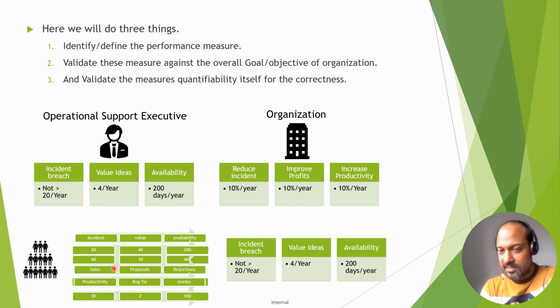Suppose they have 1,000 employees working as operational support executives, and the average incident breach per year is around 18, 10, 11, 12, and the average comes out to 20. So that's why it has been set at not more than 20 per year. Similarly, value ideas: people might be generating 4, 5, 6, 7, which average out to 4, so they have put 4 per year.